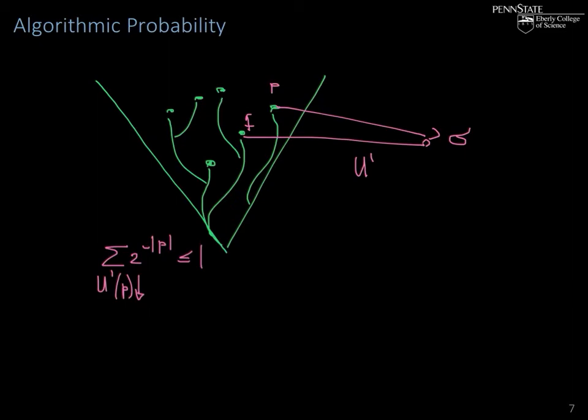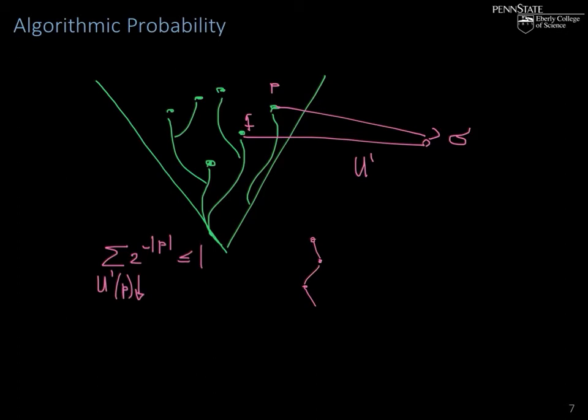Think of the following experiment. We just toss coins, and we run the universal machine on the coin tosses. I start tossing coins, say 0, 1, 0, 1, and so on, and we see if the universal machine converges on this. If it doesn't, then I just toss another coin and extend my string.